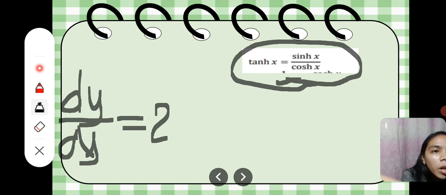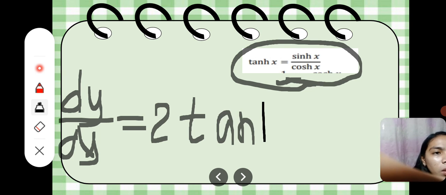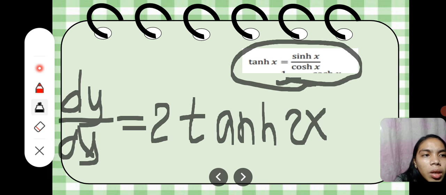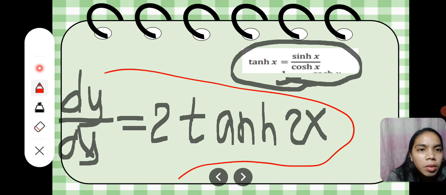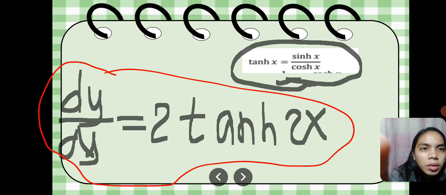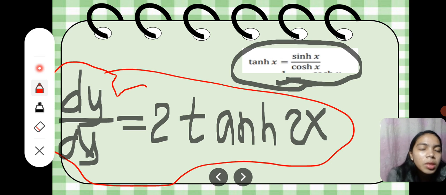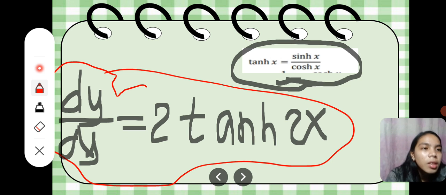So you write the identity hyperbolic tangent 2x. This is our final answer for the differentiation of hyperbolic functions for this module. That will be all for this topic, and thank you.